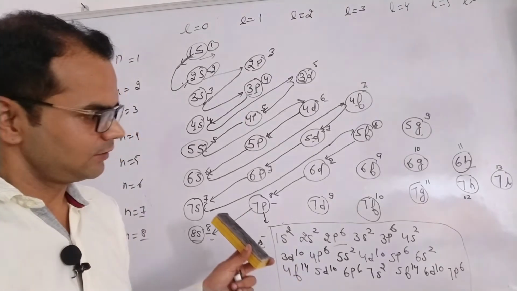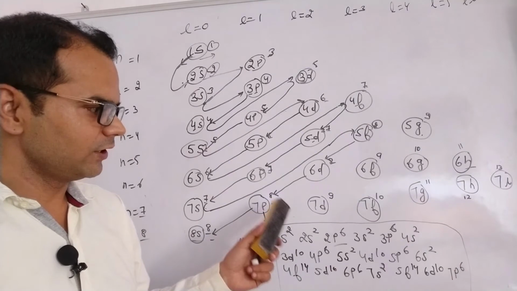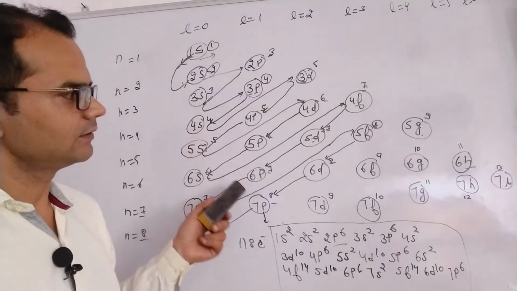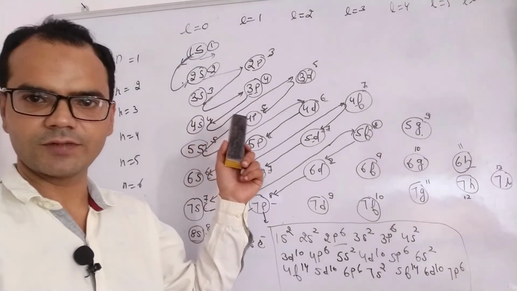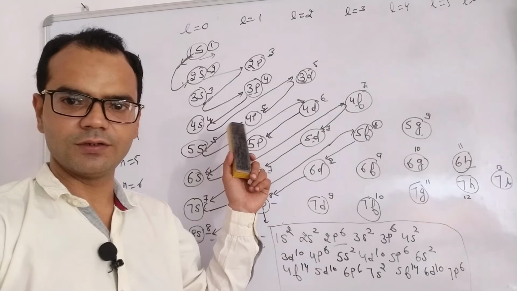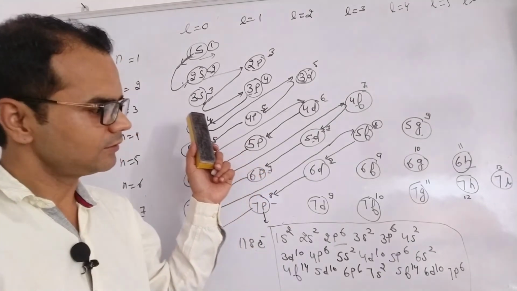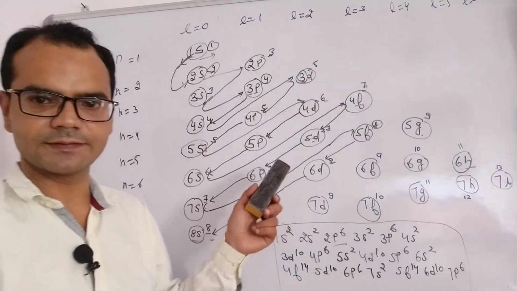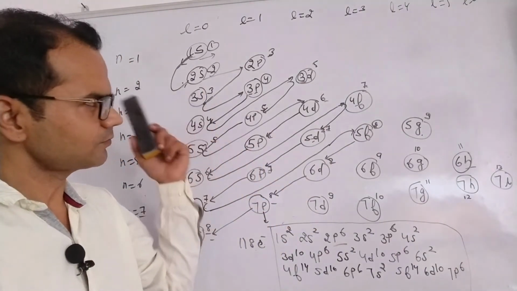Clear? You don't need to cram it, you can simply practice at home by arranging them and by finding the n plus l value. This is the second rule, the n plus l rule. Clear? Let's do some examples first, then we will move to the third rule.